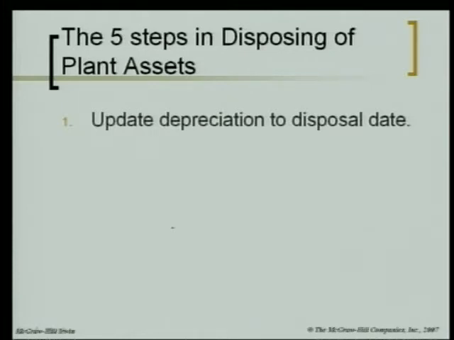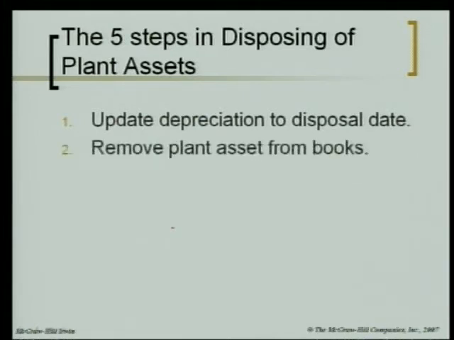Now the next 4 steps, steps 2, 3, 4, and 5, involve building the journal entry that will go on your books to dispose that fixed asset. The first thing you want to do is remove the plant asset from the books. Now plant assets have a cost, it's a debit balance, so you're going to be crediting something, right? And we'll do an example here.